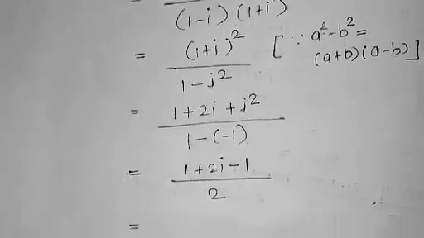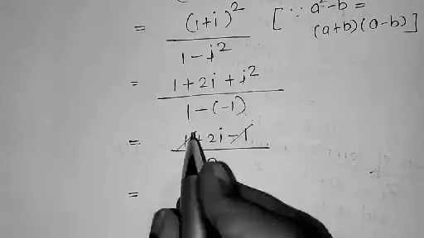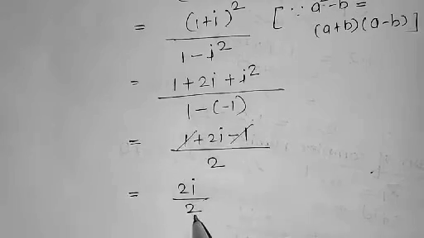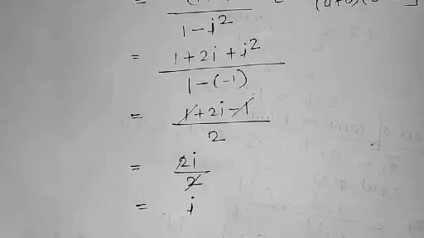So here this plus 1 and minus 1 get cancelled. What is remaining? 2i upon 2, and this 2 gets cancelled. We get only iota.